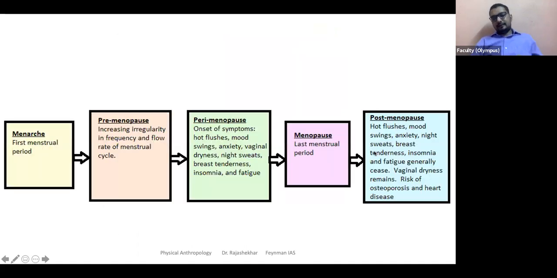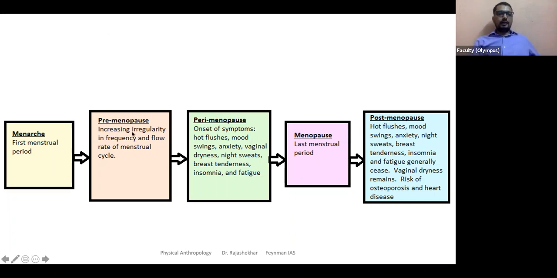So, processes that happen in menopause. Okay, again hormonal changes here. So menarche we talked about as the first menstrual period. Before menopause takes place, we notice what is called pre-menopause. What type of features do you normally notice during this period?